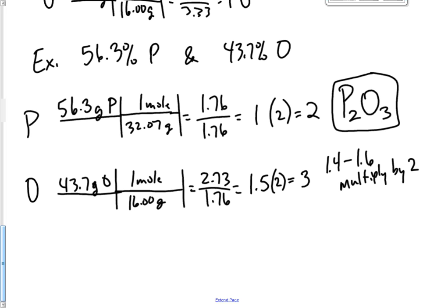Anything that's in the 0.4 to 0.6 range when you're doing this step, that's when you need to multiply by 2. And not only that one, but you need to multiply them all by 2. So the ratios are still the same. And that's it for empirical formulas. It's just the simplest ratio of the elements for a compound.